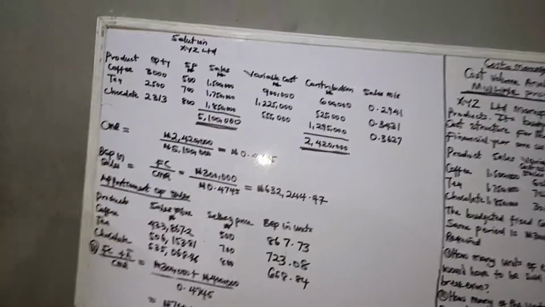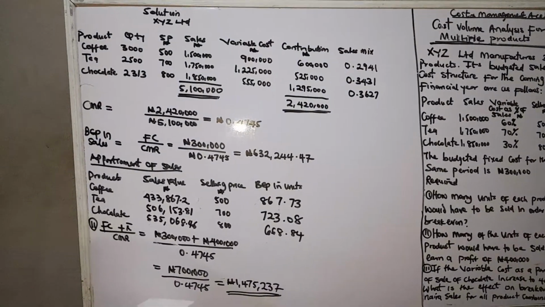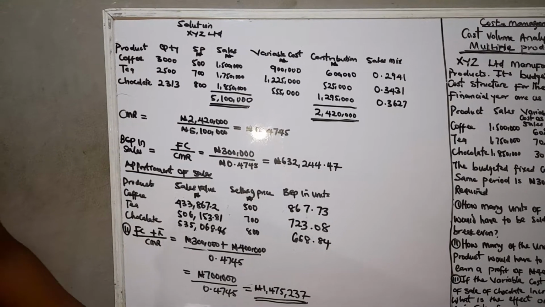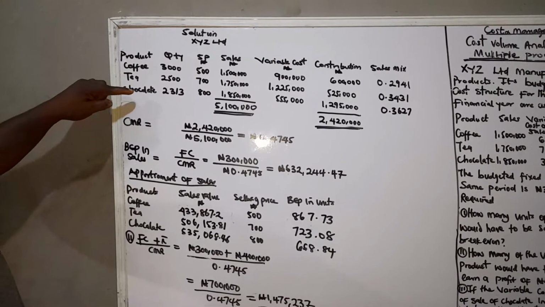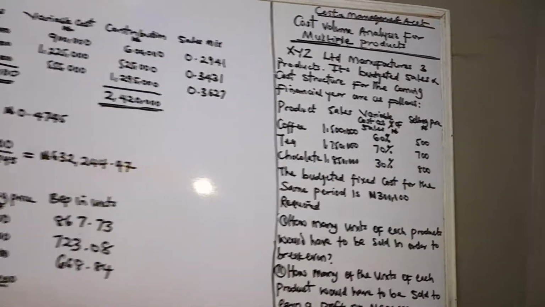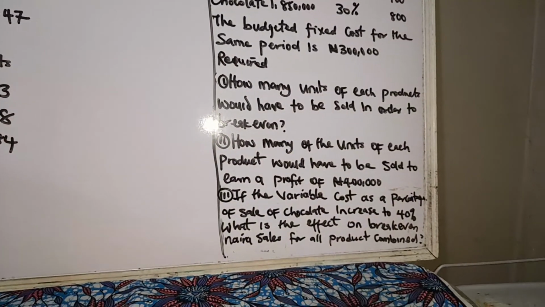Now what this part is trying to say is talking about changes in variable cost on only one product, which is product C, which is chocolate. Yes, he's talking about the effect on chocolate if it increases to 40%.